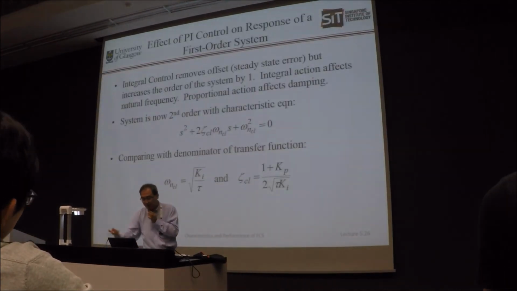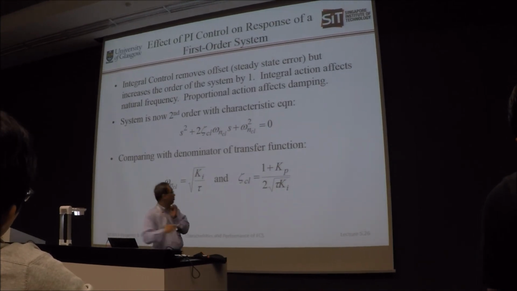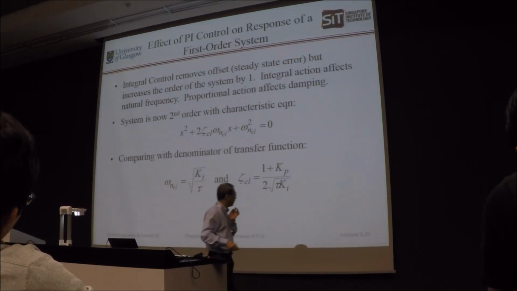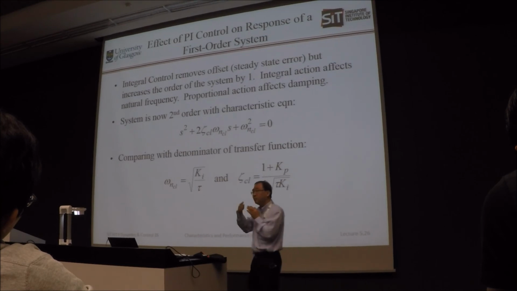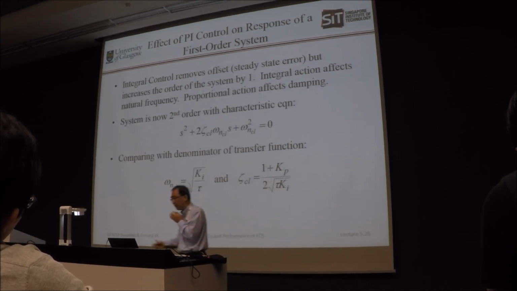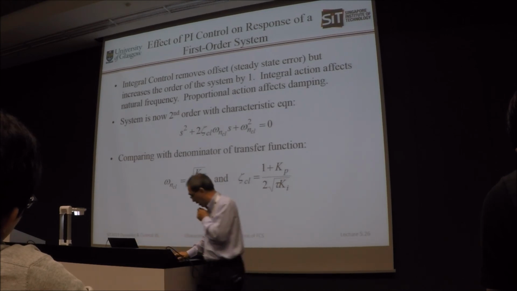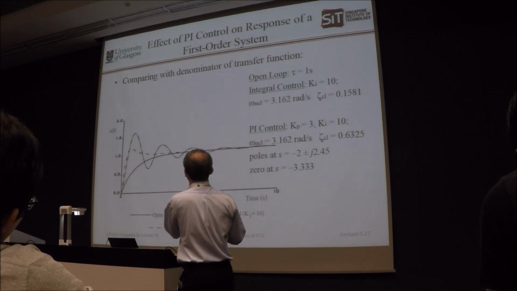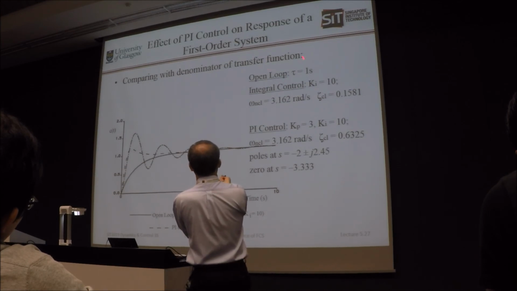You can try to compare this by playing around with your Kp and your Ki value to see what kind of damping you will get. Very quickly, let's take a look, comparing with the denominator of the transfer function.